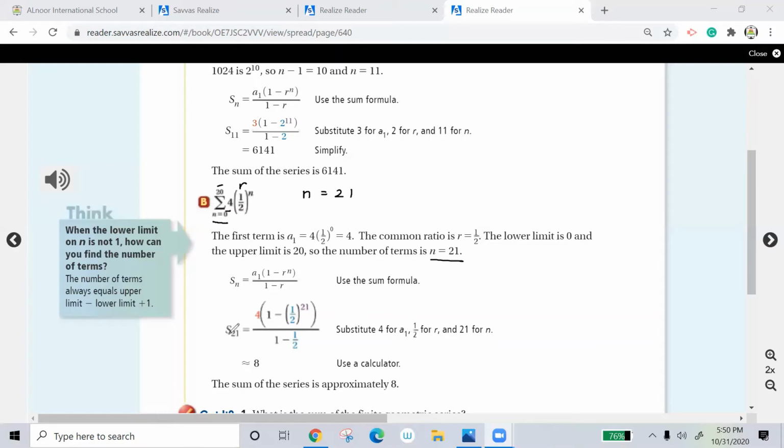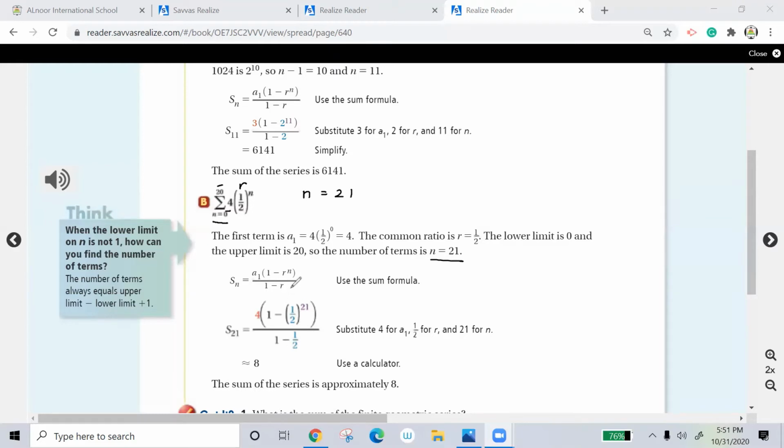So the sum of 21 terms is equal to 4, which is our first term, times 1 minus, what is our common ratio? 1/2 from the given, raised to 21. So we have 4 times 1 minus 1/2 raised to 21, all over 1 minus 1/2.